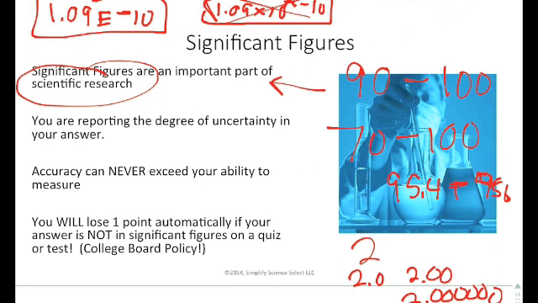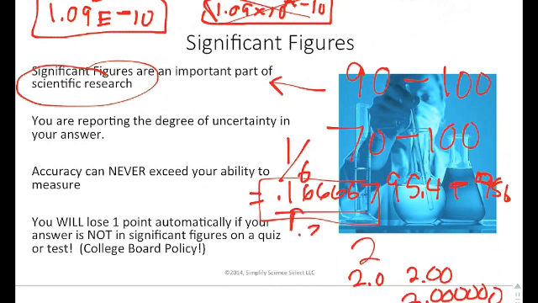You can't take a number like 1 and divide it by 6 and say that the answer is 0.1666667. You can't report that degree of accuracy because you didn't measure out this far. The more likely answer you would have to report is 0.2, because you can't report all of these numbers.